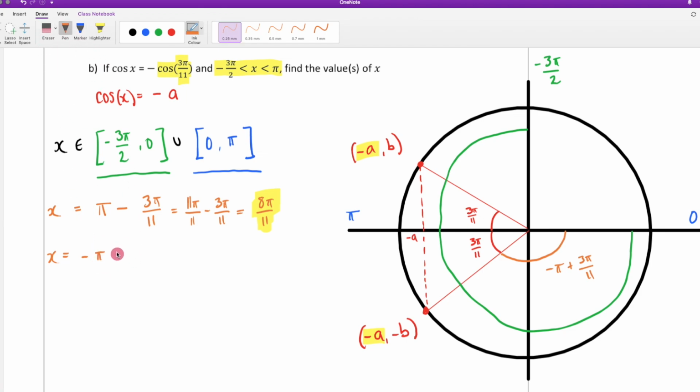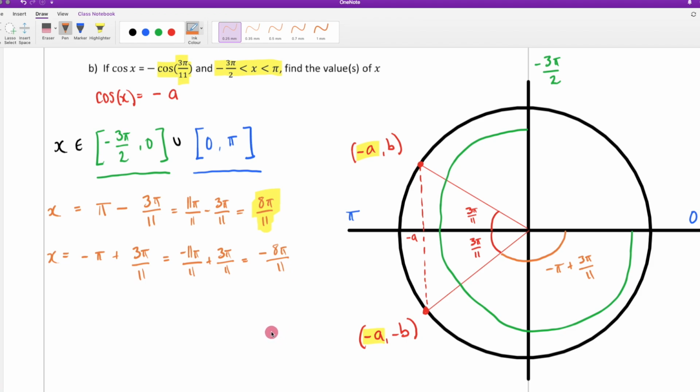Negative pi plus 3 pi on 11, which is going to be equal to negative 11 pi over 11 plus 3 pi over 11, which is going to be equal to negative 8 pi on 11.